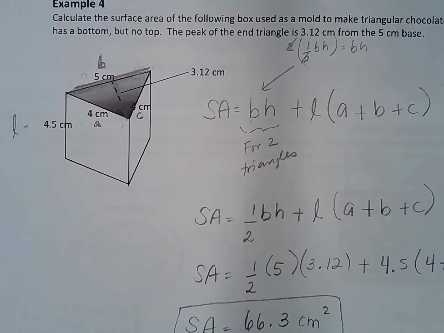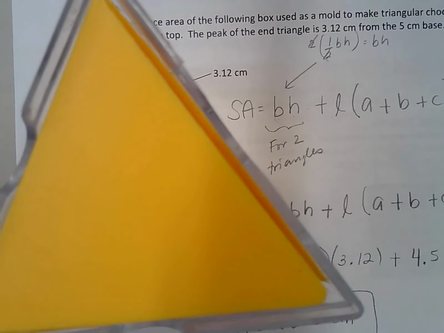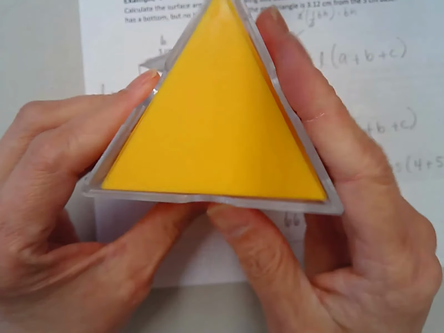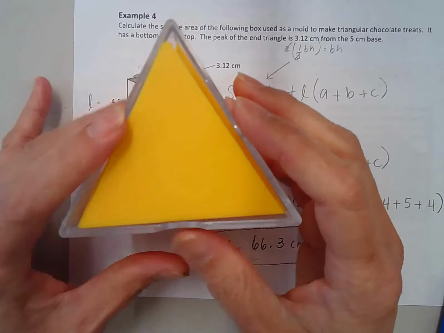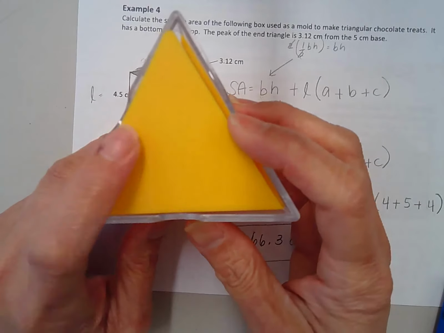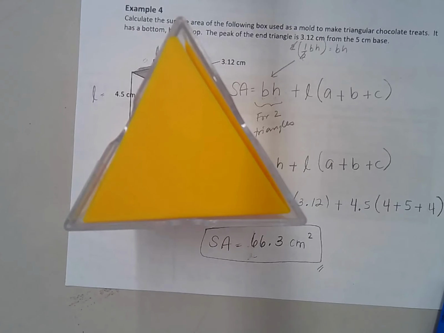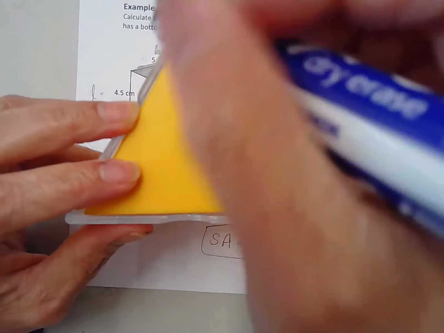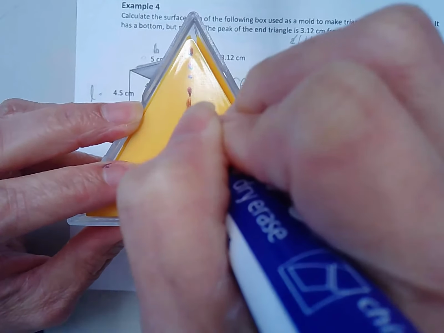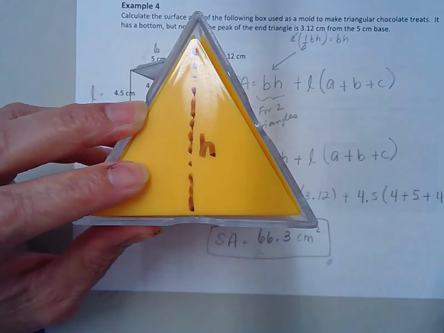So let me take my props again. This is my props. So with this prop that I have, this one would be the height of the triangle, right?